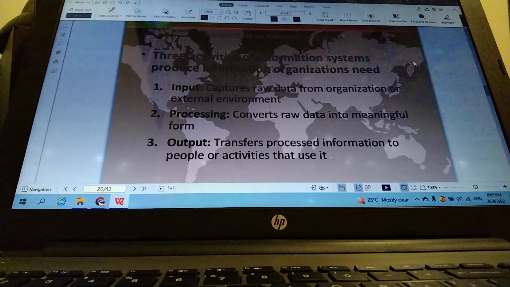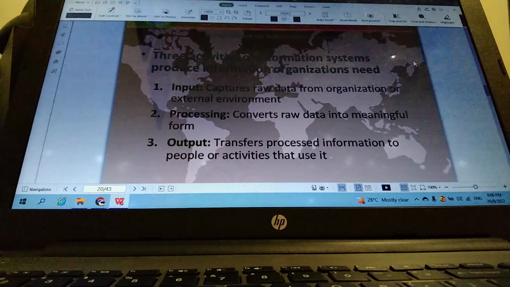There are almost 20 to 30 different ways of capturing data today. Not just through the keyboard, data can come in any format: video, audio, pictures, voice, or even figures. Not like in the old days, today data can come in any format. That is why we have 20 to 30 different methods of capturing input data.